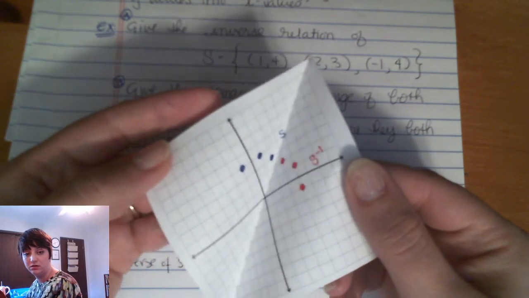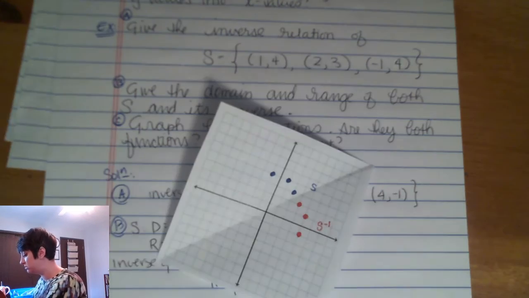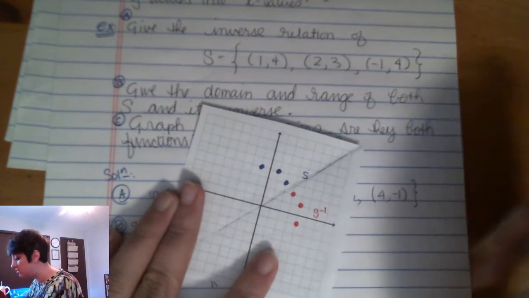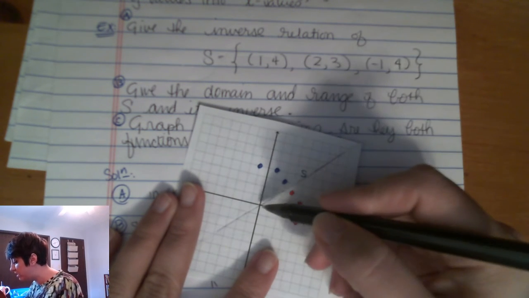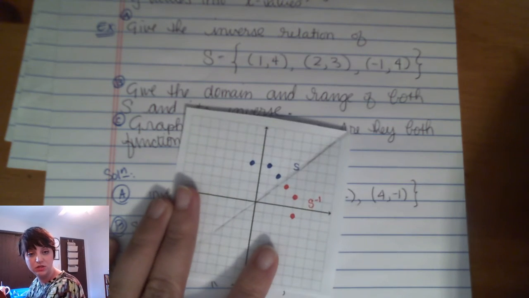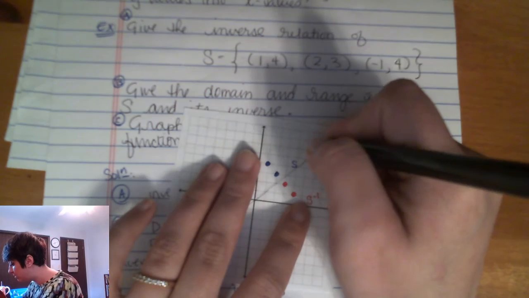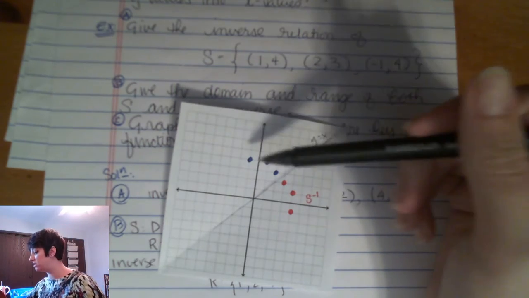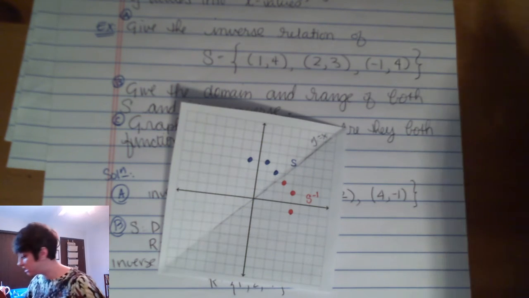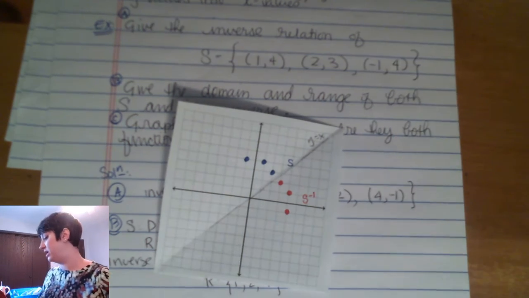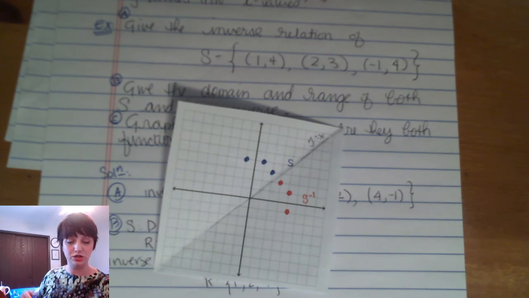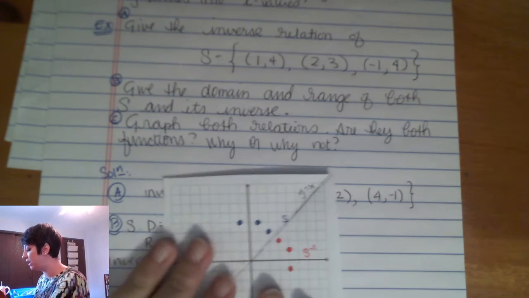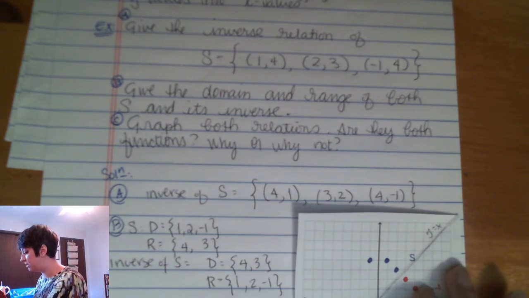Folding along this line. Okay. What is this line? This would be a line with an intercept at 0, 0 with a slope of 1. So this is the line y equals x. So a relation and its inverse are symmetric about this line. And that's going to come up again later, but you know that if you graph a function and its inverse, it's going to have symmetry about this. Okay, so there's our graph. I'll be able to tape that right there.